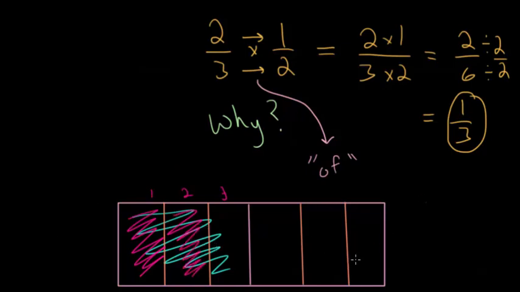So now, hopefully visually this makes sense why in the end when we had 1/2 and we took 2/3 of it, that we ended up with 2 out of 6 pieces. And then we were able to simplify it further and call this 1/3. But you can clearly see visually that we ended up with 2 out of these 6 equally sized blocks.